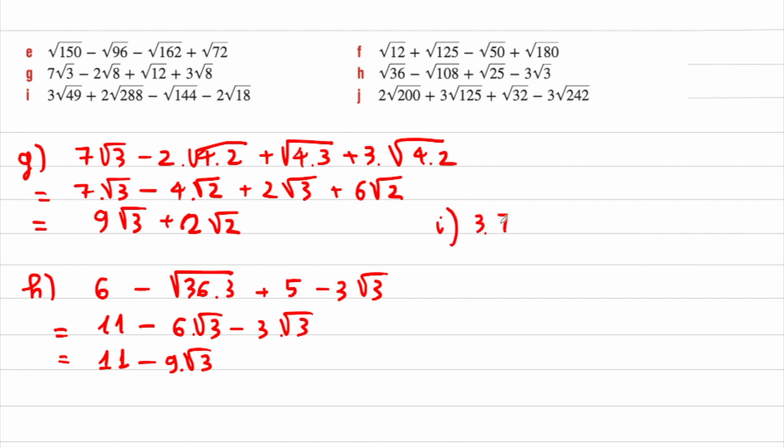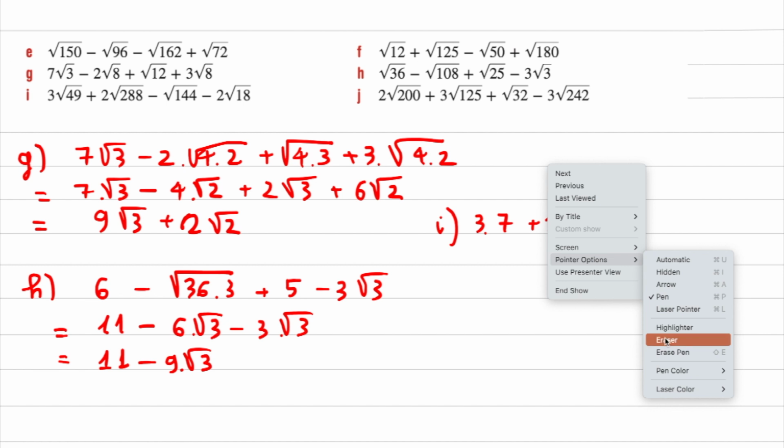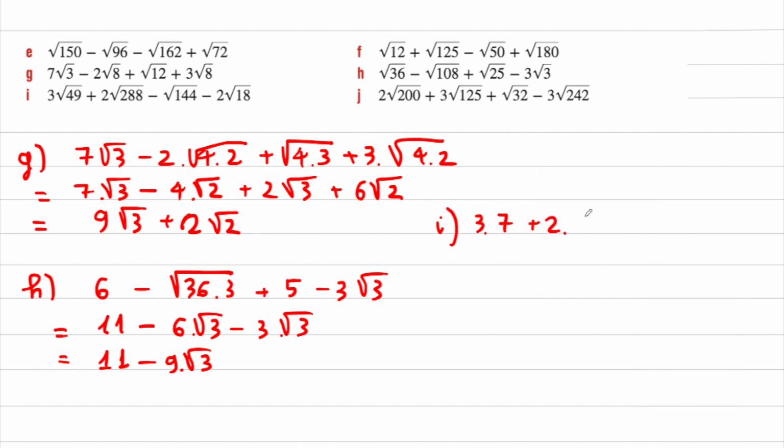Yeah, that's it. Question I. Oh no, sorry, I have to work it more clearly for you. 144 times 2, 12, and then 2 square root 9 times 2, 21.